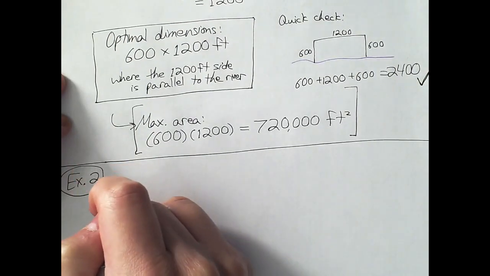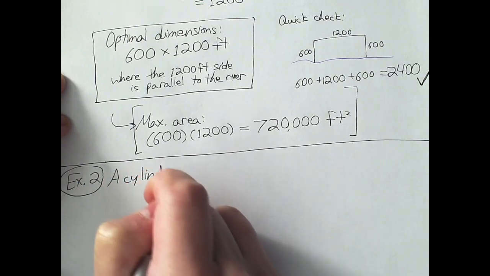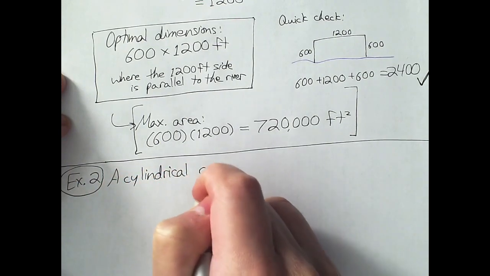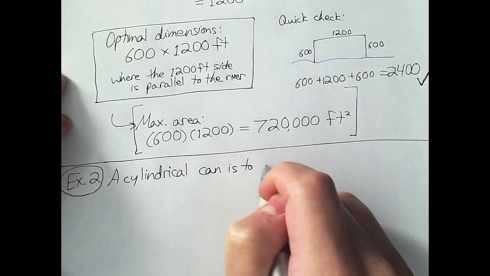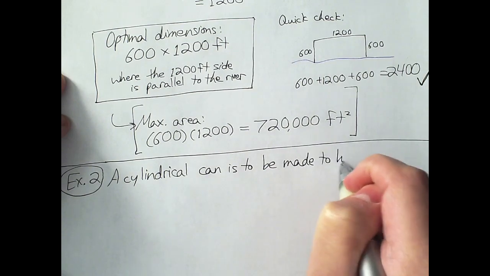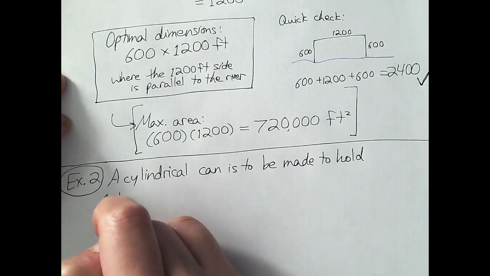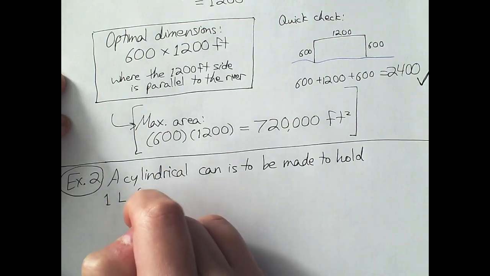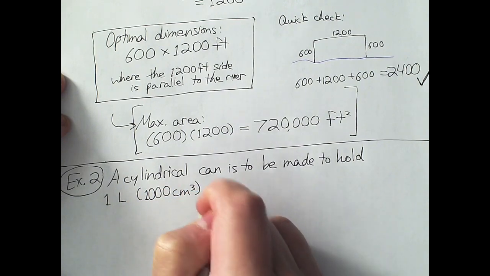All right, example 2. A cylindrical can is to be made to hold 1 liter, and in parentheses it says 1,000 cubic centimeters of oil.